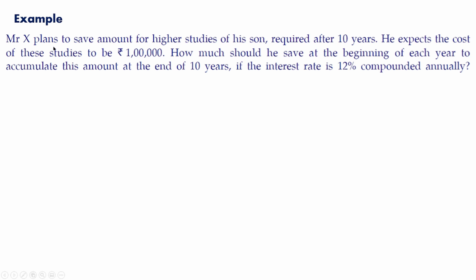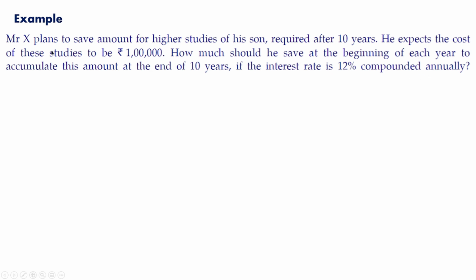It is given: Mr. X plans to save amount for higher studies of his son required after 10 years. He expects the cost of these studies to be rupees 1 lakh. How much should he save at the beginning of each year to accumulate this amount at the end of 10 years if the interest rate is 12% compounded annually?